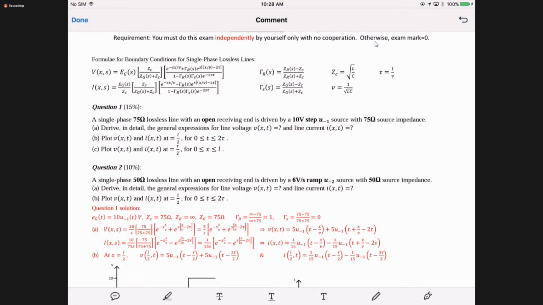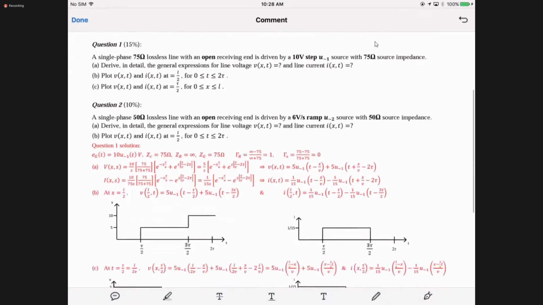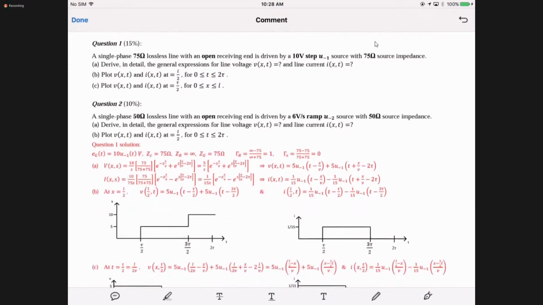Once you know it, it's nothing, but if you don't know it, trying to figure it out in the exam is, I can tell you, almost impossible. But once you prepare this, it's so simple. Then you can graduate from this course with a very good grade. 48% is a large percentage.